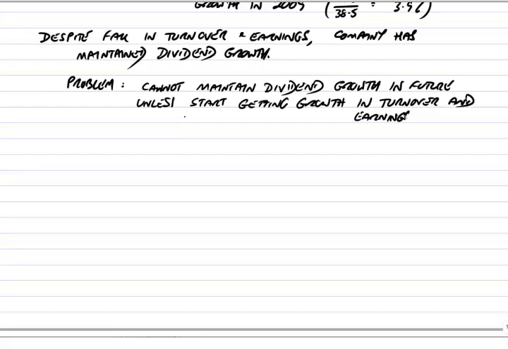There's clearly a problem here. Something needs doing. If they don't do anything, if turnover stays static or starts to fall, then they can't continue to grow the dividend. And that's the big worry.